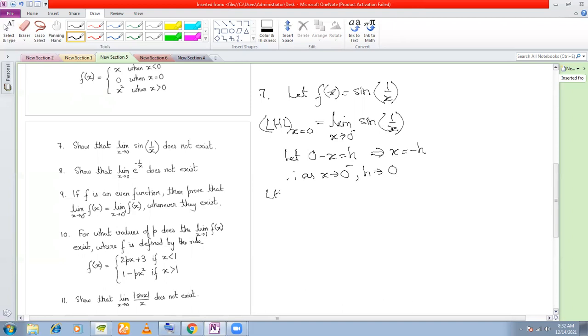So what is your left hand limit now? Left hand limit at x is equal to 0 becomes limit h tends to 0 sine 1 by minus h, which is limit h tends to 0.